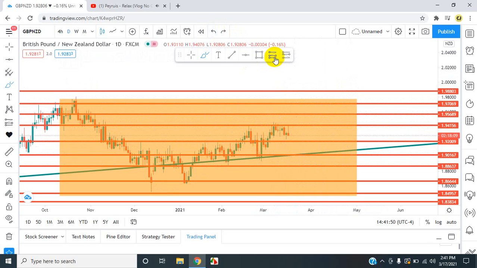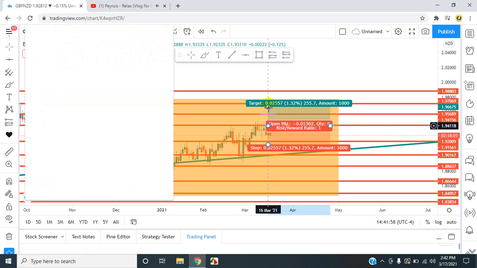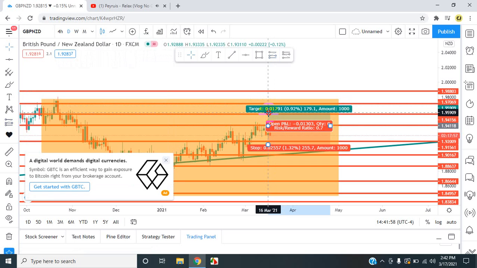So let's say we do find entry and a pattern comes up at this SR line here. Because we're in that uptrend, we can take it to our next SR line.